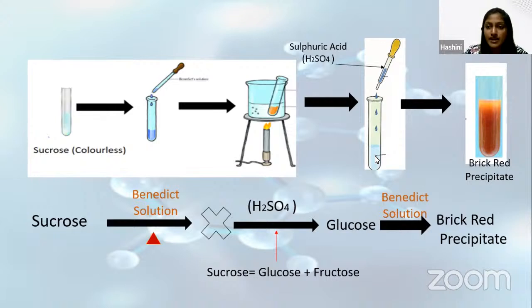Then what happens? It will break down, right? Because of this acid, the sucrose breaks down to glucose and fructose. Then when there is glucose, it will show color change to this Benedict solution. What is the ultimate color? It is brick red precipitate, right? So you can easily remember this color. Okay.